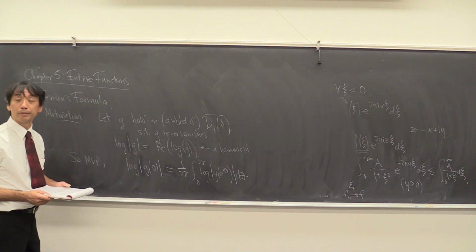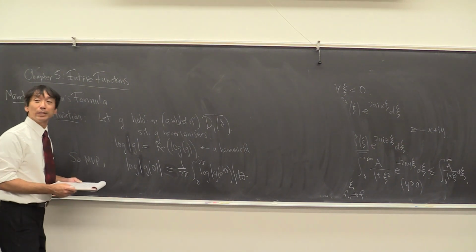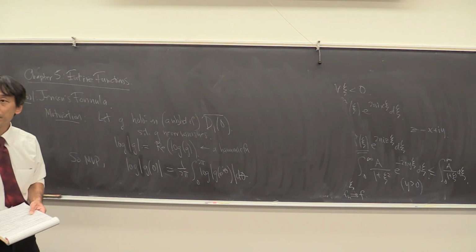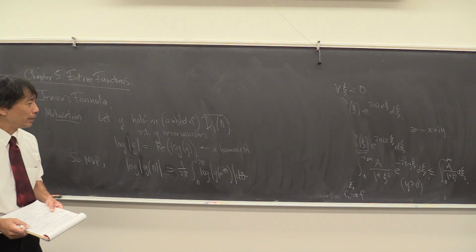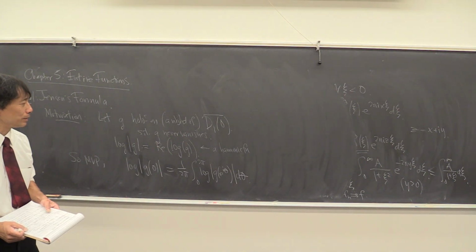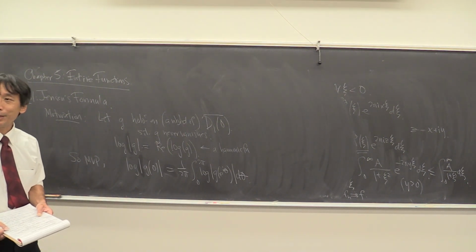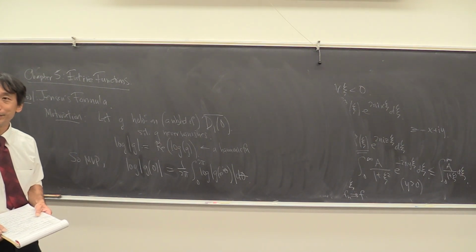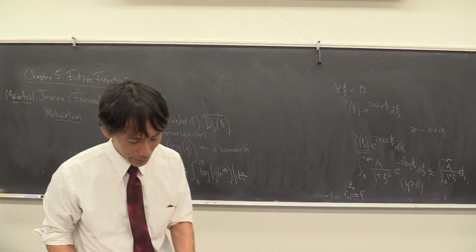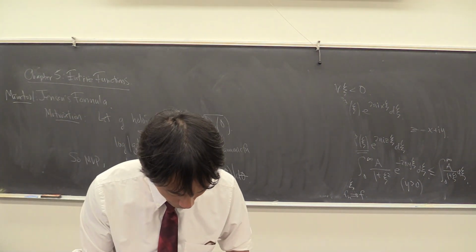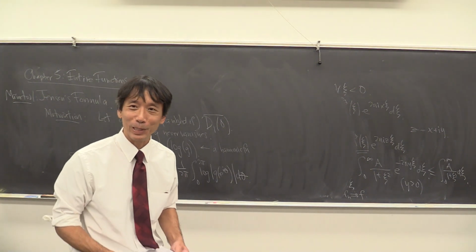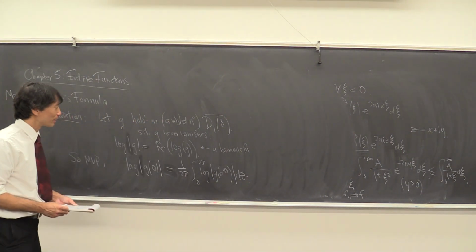Question? Yes. When did we learn about the mean value property? Was that on the homework or was that an earlier section? I think it definitely came up on the homework. I believe I did it in class too, but I'm not sure.